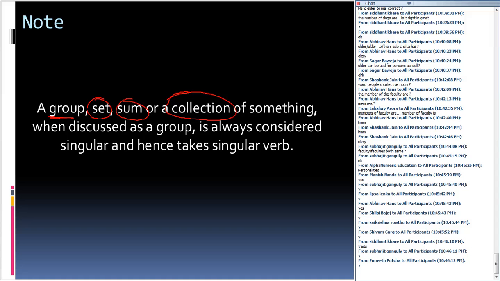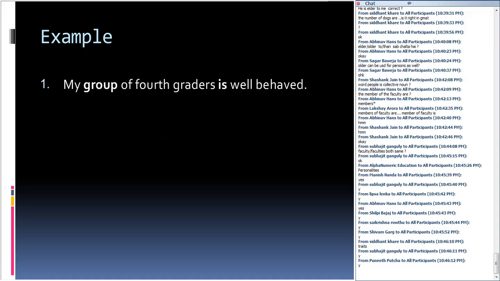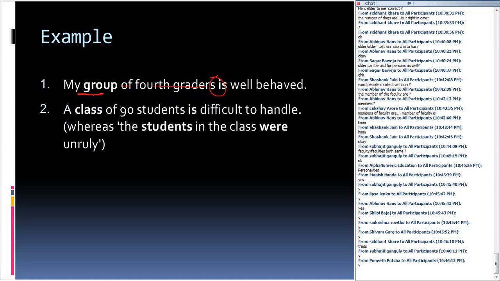Okay. Now I just told you जैसे group होता है वो हमेशा singular है. So my group is well behaved. Okay, this group is of 4th graders. That is a modifier. Extra information है. A class. Now a class. I'm talking about a class. A class is difficult to handle.